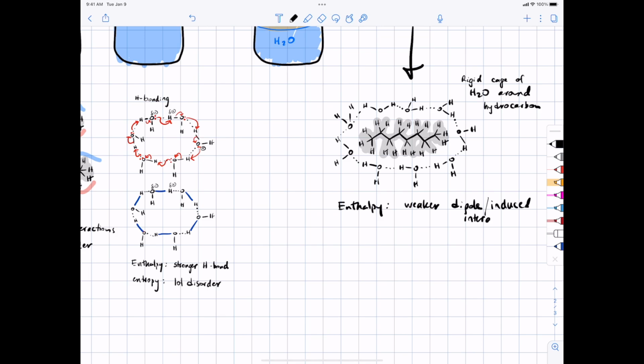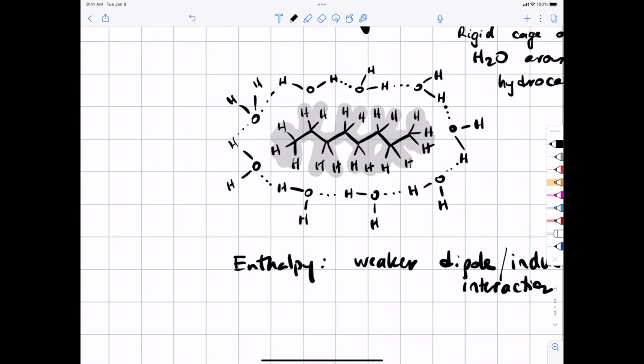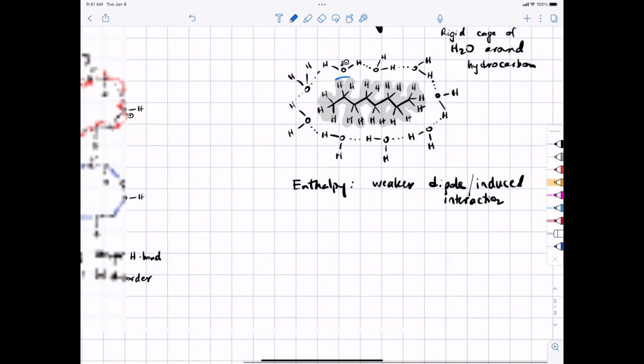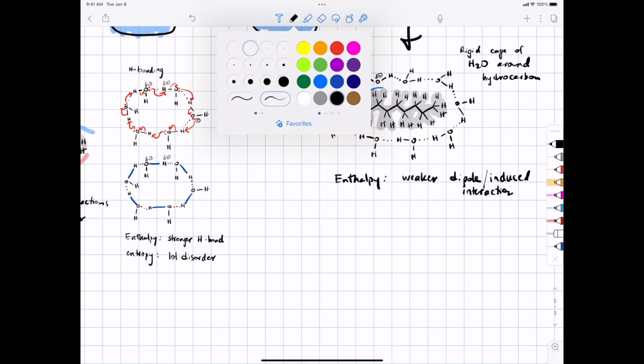I haven't displayed those there, but what we might say is it's true that the electron density of the hydrocarbon can try to adjust for the presence of a partial negative charge on oxygen, complementing it with a partial positive charge in the immediate vicinity. That's true, but those interactions are weak. Weaker than the hydrogen bonding interactions that we lost.